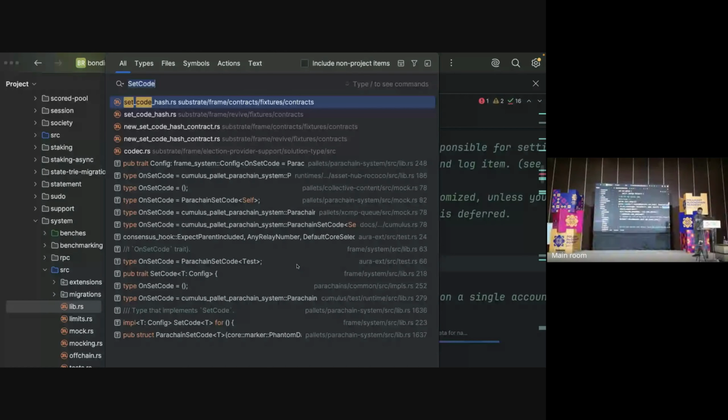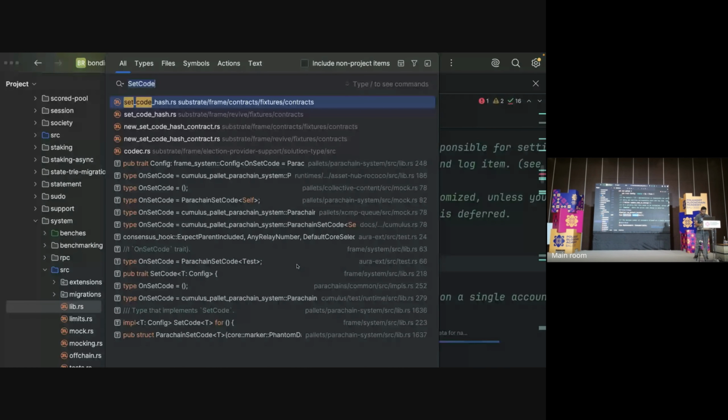Okay, look at this set code. So there's the extrinsic set code. It has to come with root privilege. It depends on something called OnSetCode. Let's see what is OnSetCode.